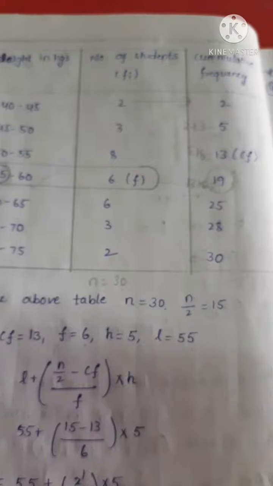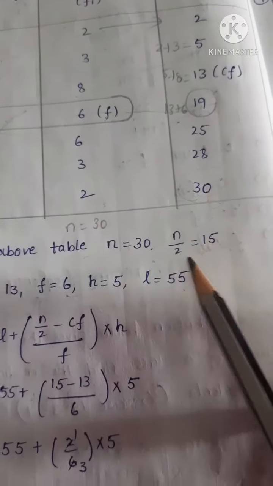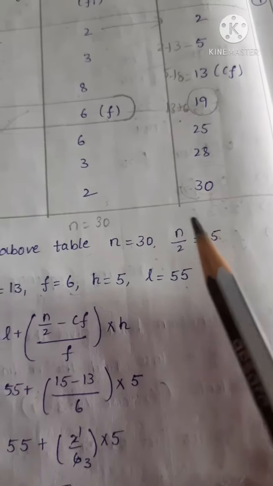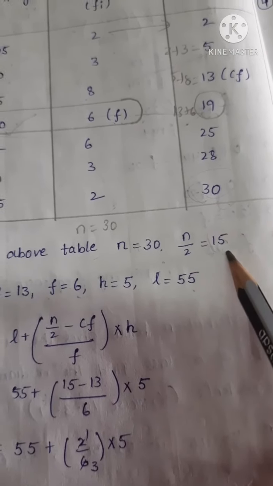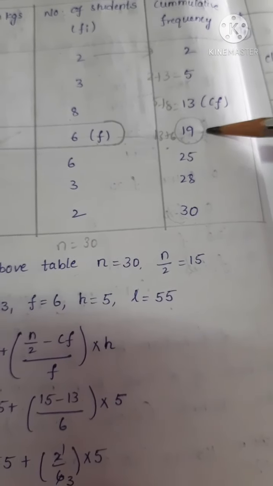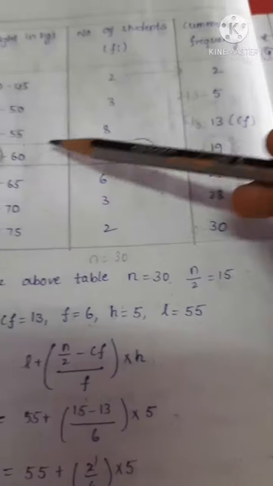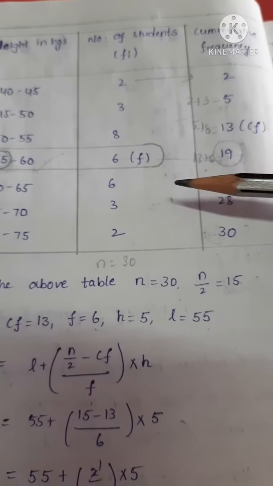So in this whole problem you have to remember only one thing: finding the median class. To find the median class, before that you have to find n by 2. So n by 2 is 15. In the cumulative frequency you have to check which value is nearer, 19. The corresponding class interval and frequency is the median class.